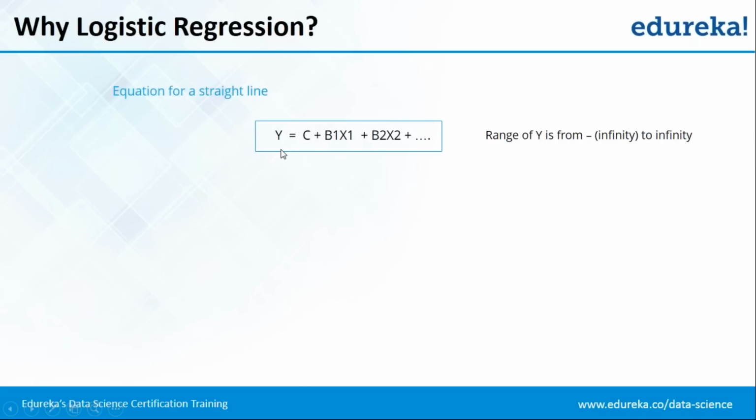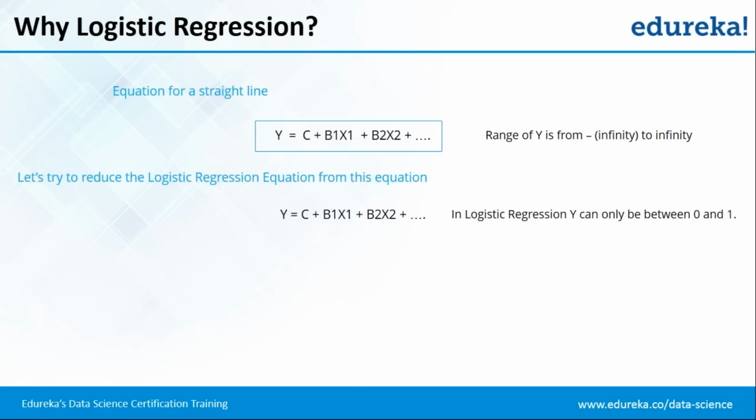In a straight line, y's range is between minus infinity and infinity, but in logistic regression we get probabilities, so y's value is between 0 and 1. So we had to change the range of y so that this equation can be achieved.